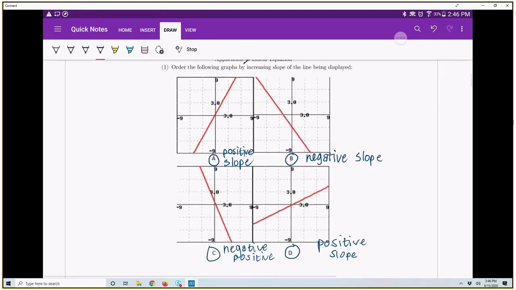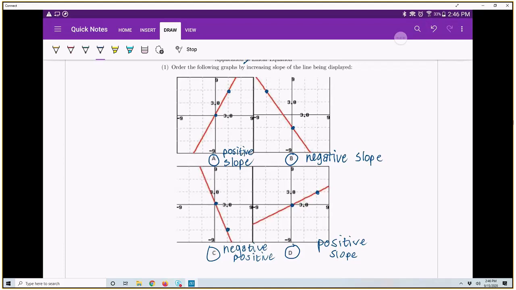Now if we weren't sure, just from looking at them, we could always try to pick out a couple of points and maybe calculate these slopes to compare them. So these may not be exactly on the lines, but I'm just picking points that are pretty close to get some idea.